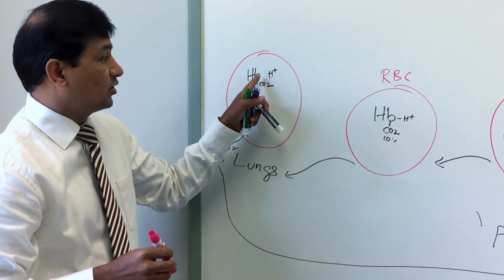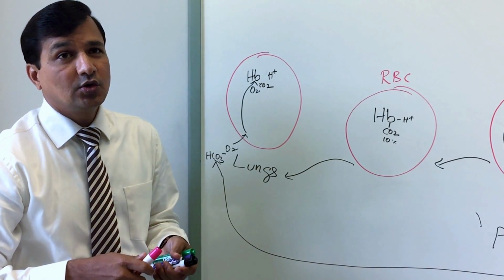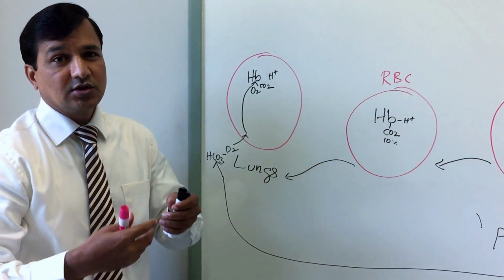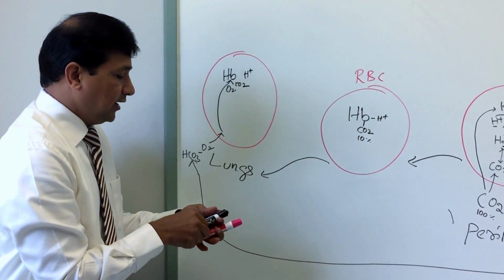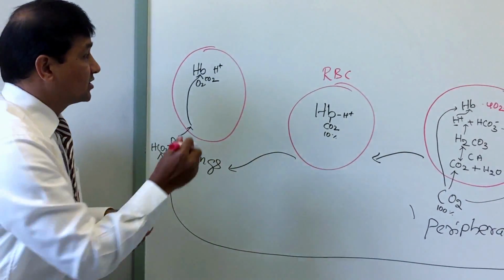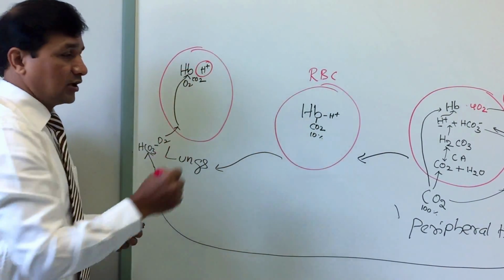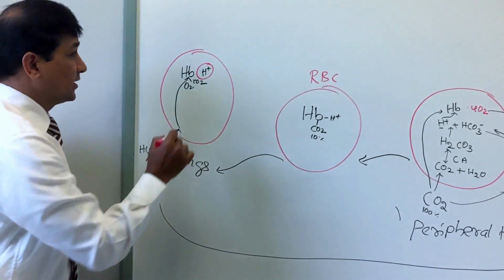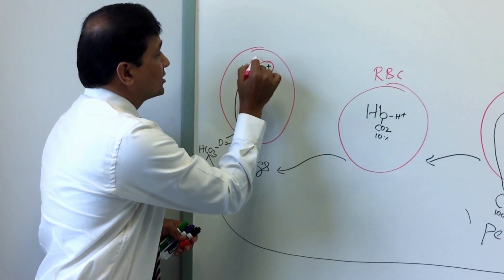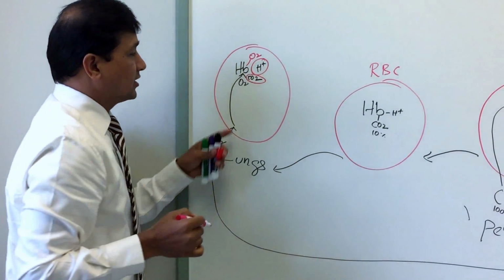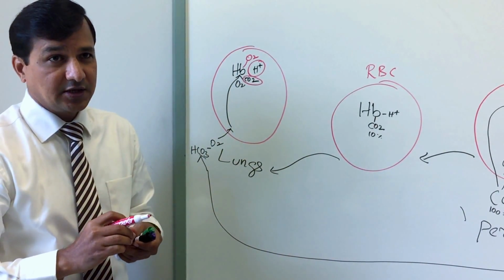When oxygen binds to hemoglobin, it gets into a relaxed condition, so there is a change in the conformation of the molecule, leading to breakage of salt bridges and release of proton. Proton is separated and carbon dioxide is also separated. Now hemoglobin is bound with oxygen. That's the oxyhemoglobin, relaxed condition.